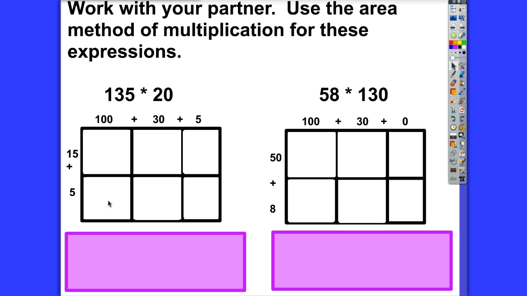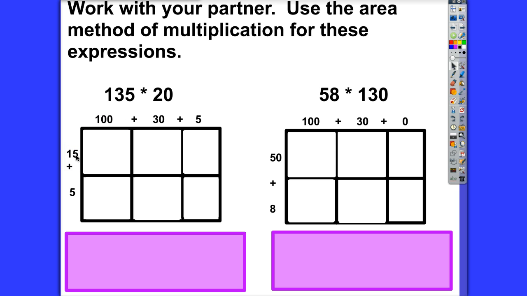Once you have your chart made or your model made, then you multiply, and we're going to multiply the length times the width using terminology that you would use in geometry, or we're going to multiply the horizontal by the vertical. Whichever way you want to say it, it's fine. 100 times 15.